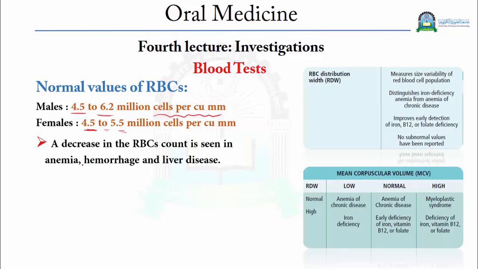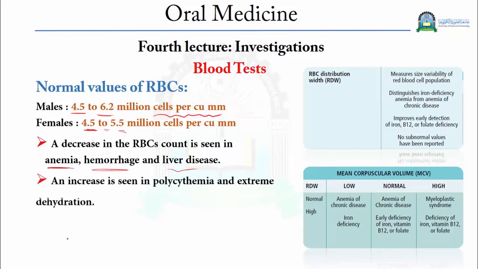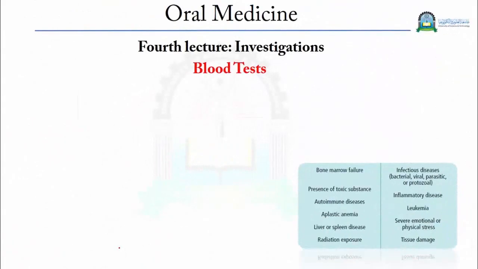A decrease in RBC count can be seen in anemic patients, hemorrhagic patients, and also in liver diseases, and increased values of red blood cell count can be seen in polycythemia and extreme dehydration. These conditions indicate your patient has polycythemia or severe dehydration.